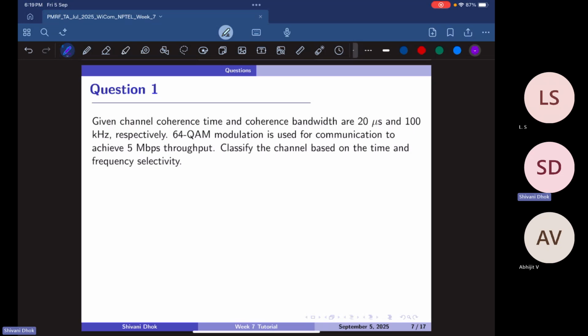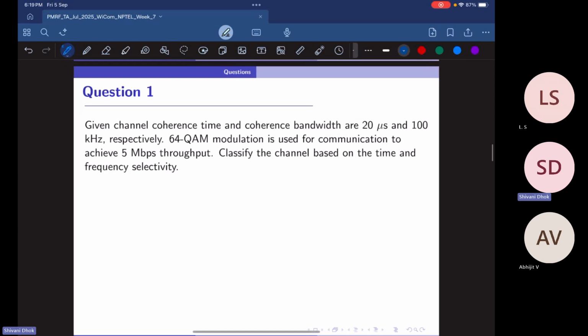Okay. So what is the information given to us? The first thing is the coherence time of the channel, which is Tc, which is 20 microseconds.